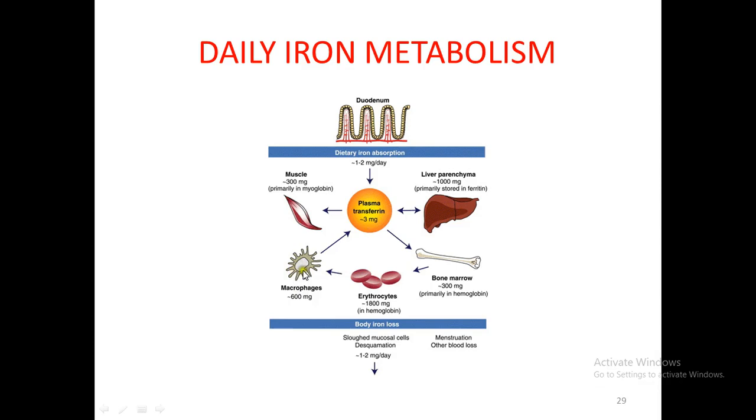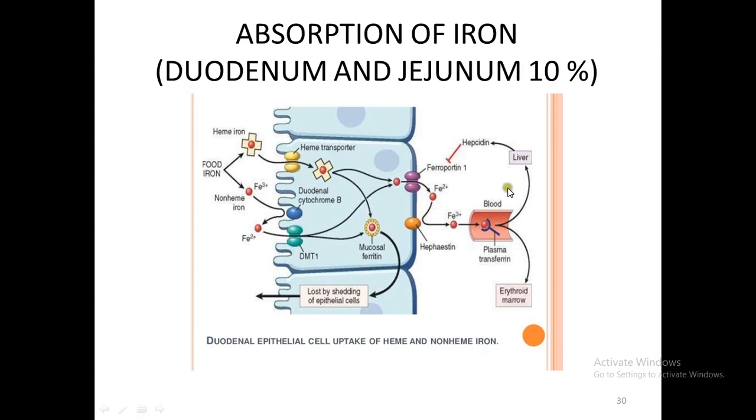When the RBCs die after 120 days, the macrophages, reticuloendothelial system, etc., release the iron, which enters back into the plasma. And some iron also manages to reach the muscles to form myoglobin. Some is stored in the liver, etc. Body iron loss is 1 to 2 milligrams in the sloughed mucosal cells, which are desquamated. But other than that, menstrual blood loss is a separate matter.